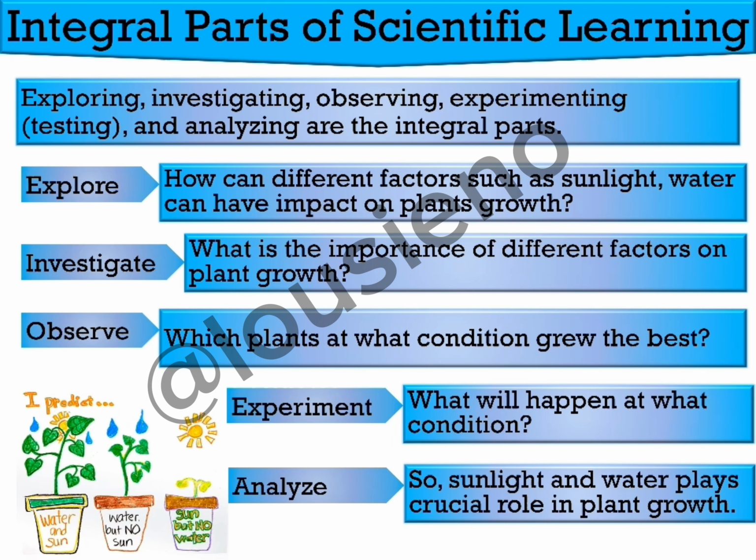Investigate: you can investigate the importance of different factors on plant growth. Observe: you can observe which plants at what condition grew the best. Experiment: you can experiment what will happen at what condition. Analyze: you can analyze that sunlight and water play a crucial role in plant growth.